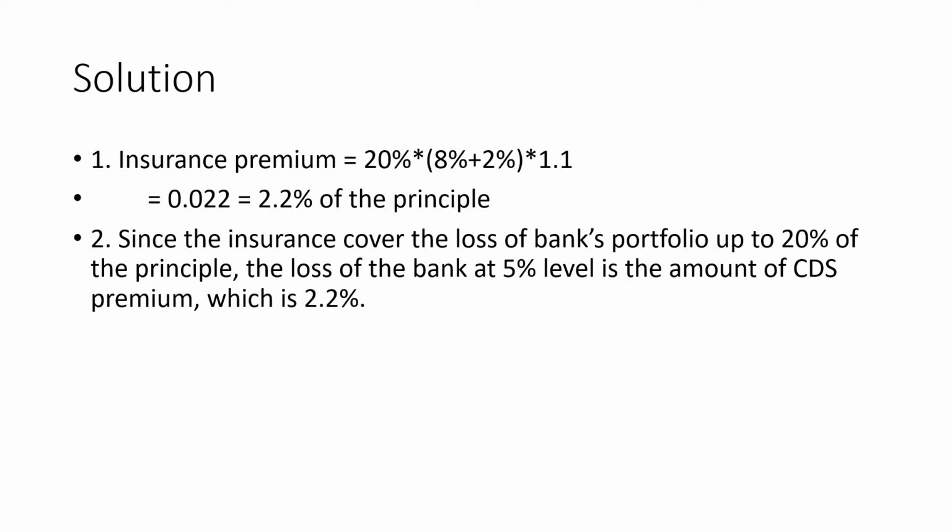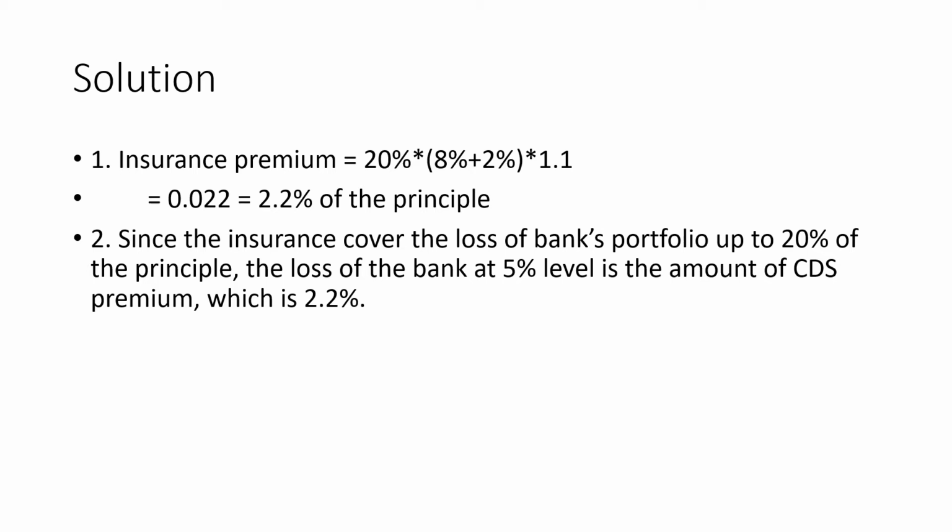So together, the possibility of loss is 10%. However, the payment is not of all the loss, but up to 20% of the principal. So it's times 20%. The expected loss up to 20% times 1.1, and the answer is 2.2% of the principal.